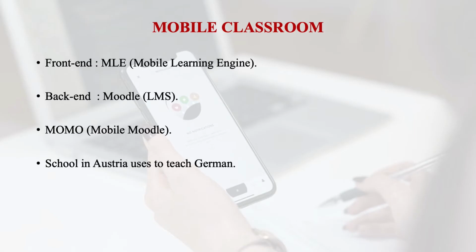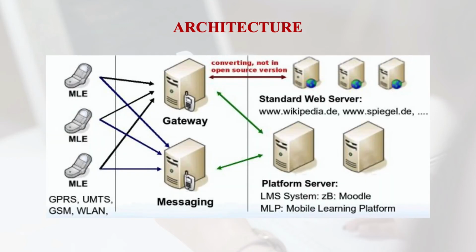And there are several countries that are using this particular combination. And if I have to tell you one specific example, a school in Austria uses the mobile classroom to teach German to its students. So this is the architecture you can see for the mobile learning.